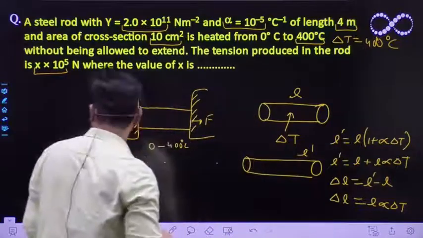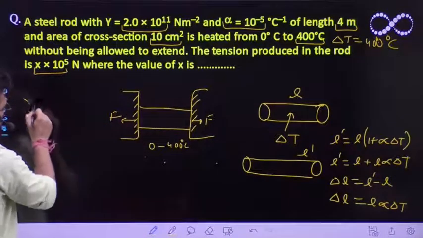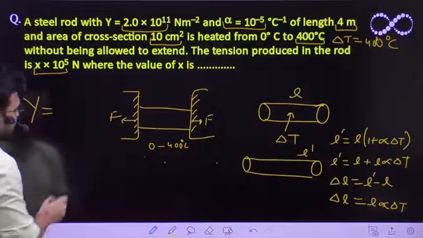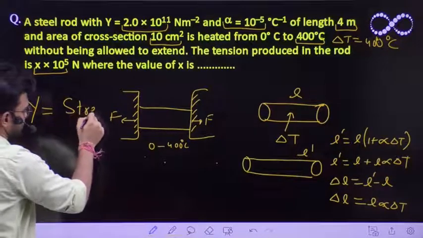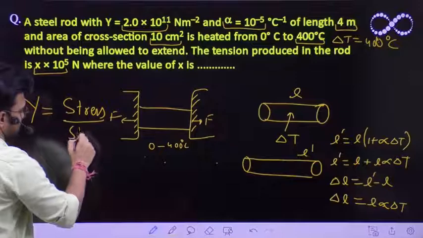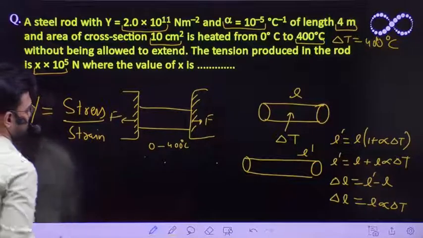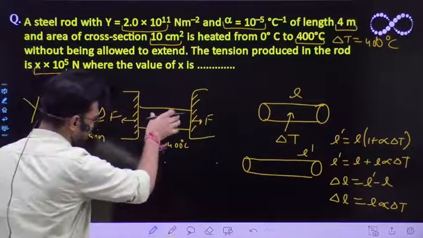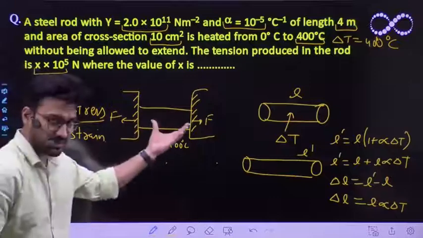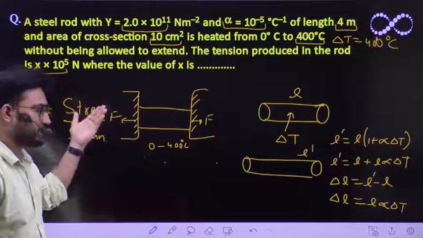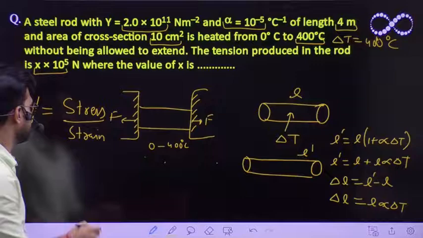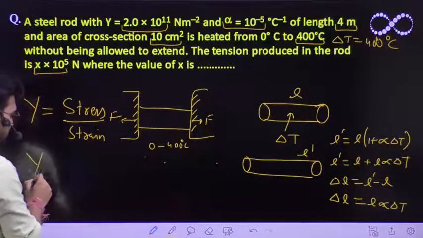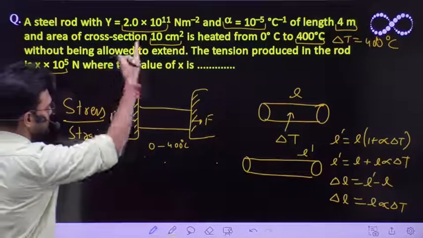Now one more thing that we know is Young's modulus is given by stress per unit strain. Stress is nothing but the stress within this rod, which is the force applied on the wall, so it would be equivalent to force per unit area. Y is already given to you.